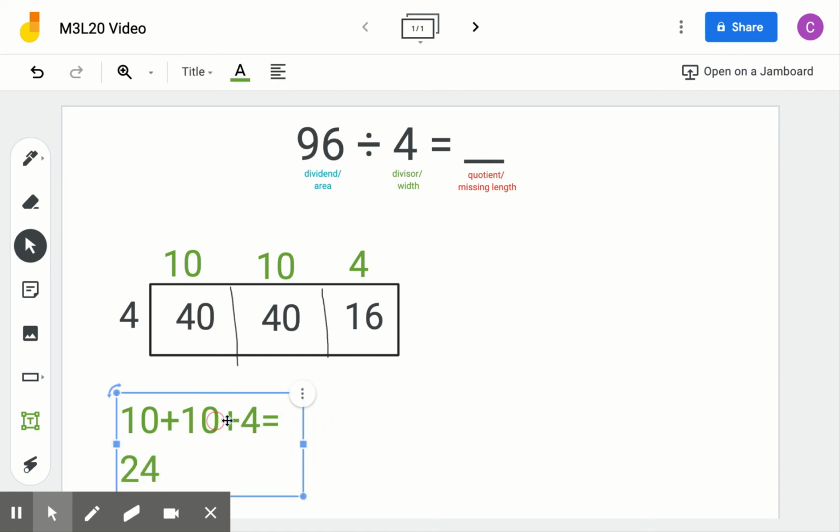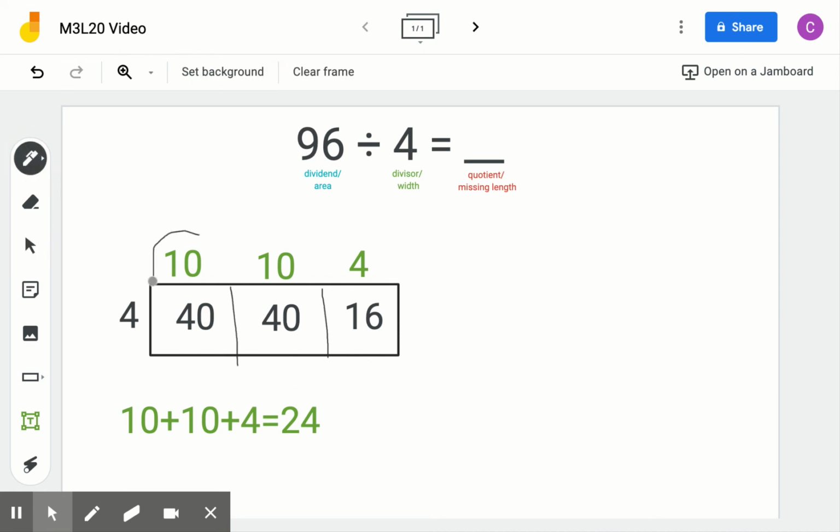And that is my missing length. The total of my missing length is 24. So 96 divided by 4 is 24. So that is how you use the area model to divide.